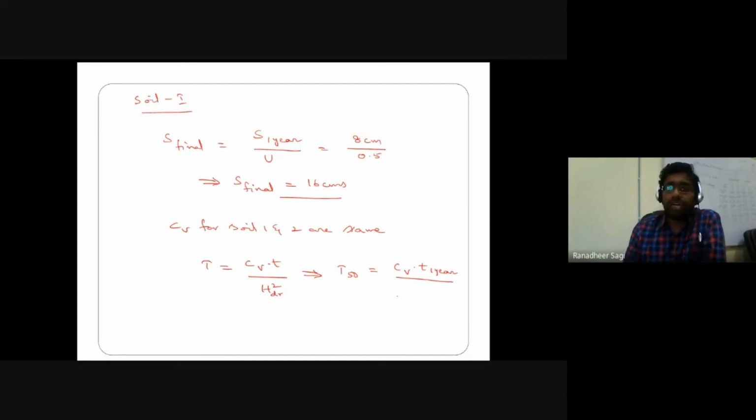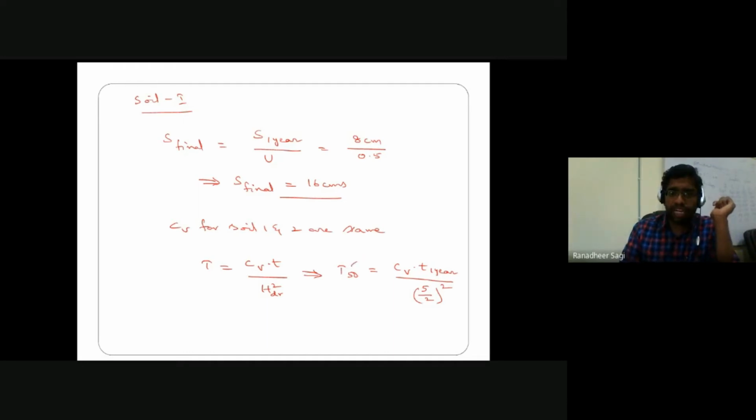How do we write down this HD square? In the case of soil layer 1, I have two-way drainage. Once we say it is two-way drainage, the height of the clay layer is 5 meters, so the HDR value is half of the 5 meter thickness clay layer, half squared.